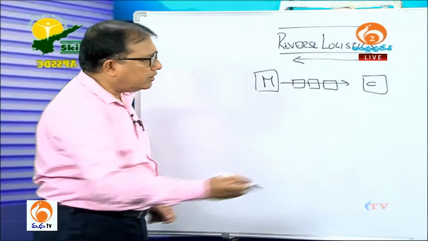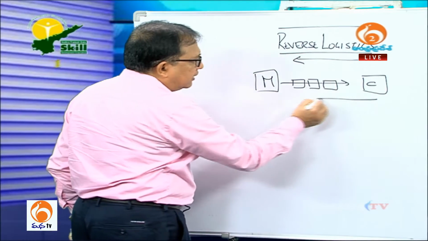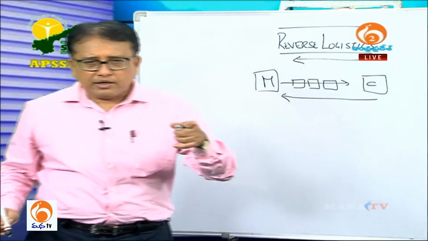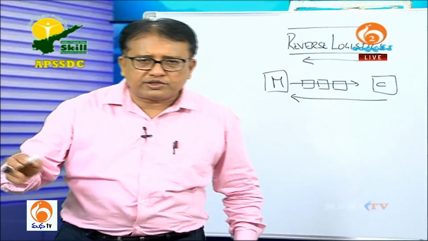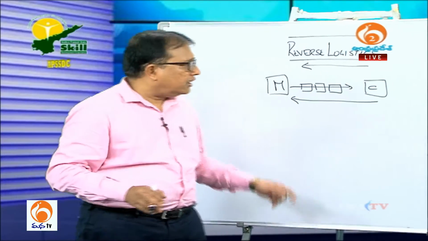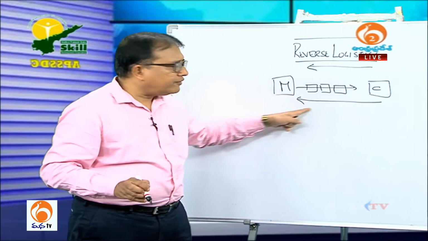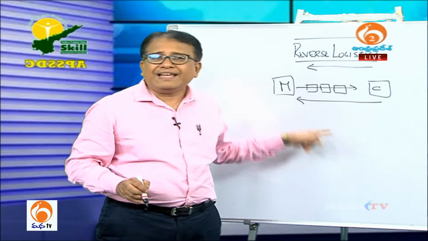Now, the shipment again needs to be brought back to the manufacturer for whatever reasons it may be, as we have discussed, and we will go through those reasons once again one by one. But to give you a general idea, we said that this reverse logistics process only adds cost for the company.